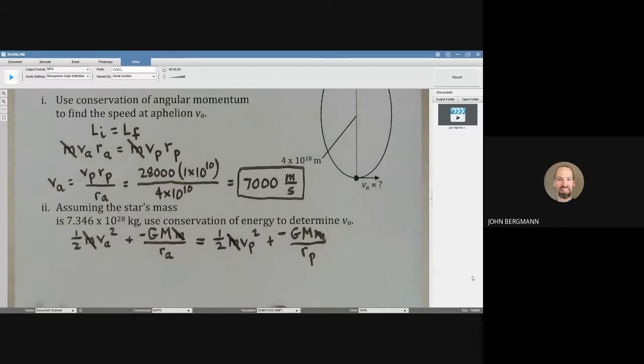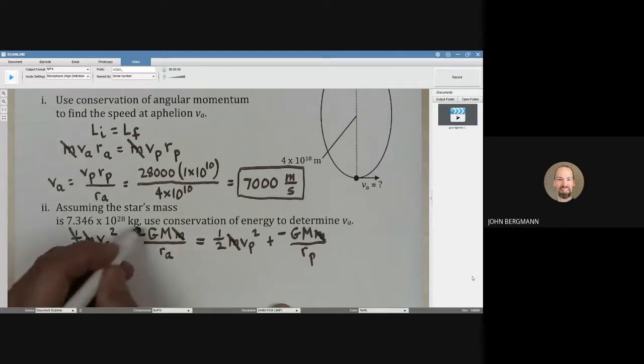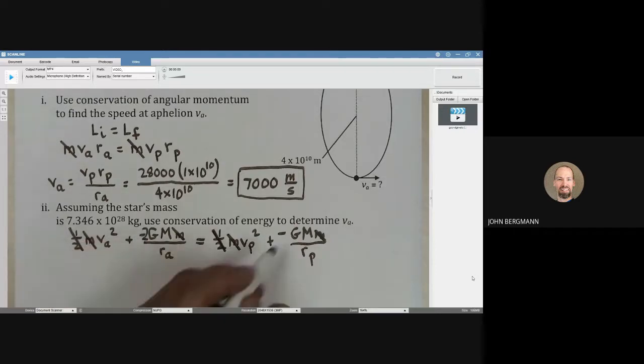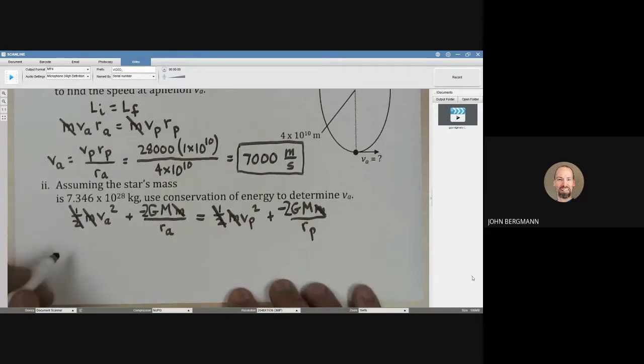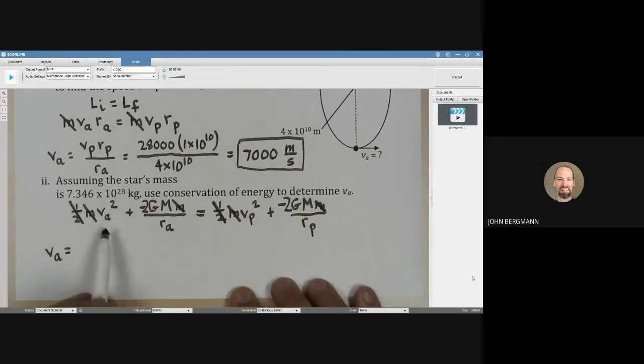And so how can we simplify this? How about we double everything? Can we do that? Multiply everything by 2. So that 1/2 goes away. We end up with a 2 in front of that G. That 1/2 goes away. We end up with a 2 in front of that. Let's solve this for VA. We're going to have to move that over there, so we're going to get VP squared over there.